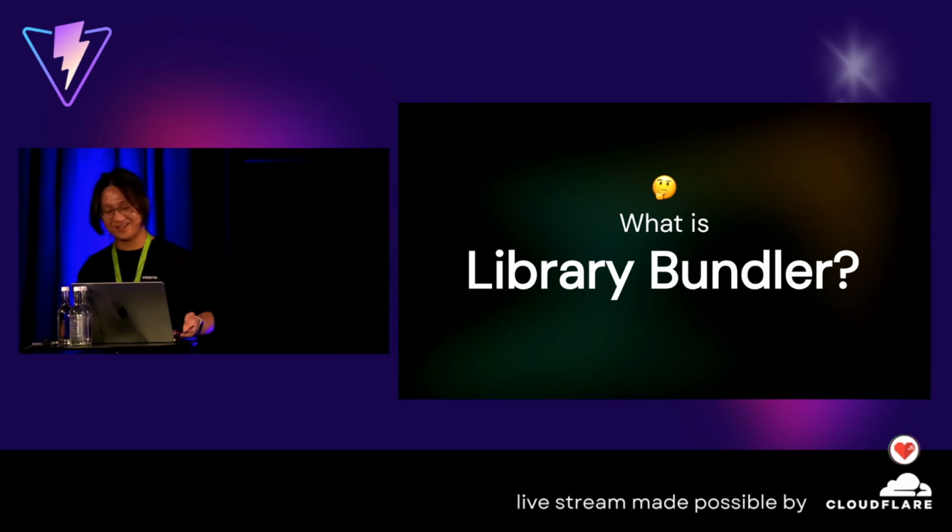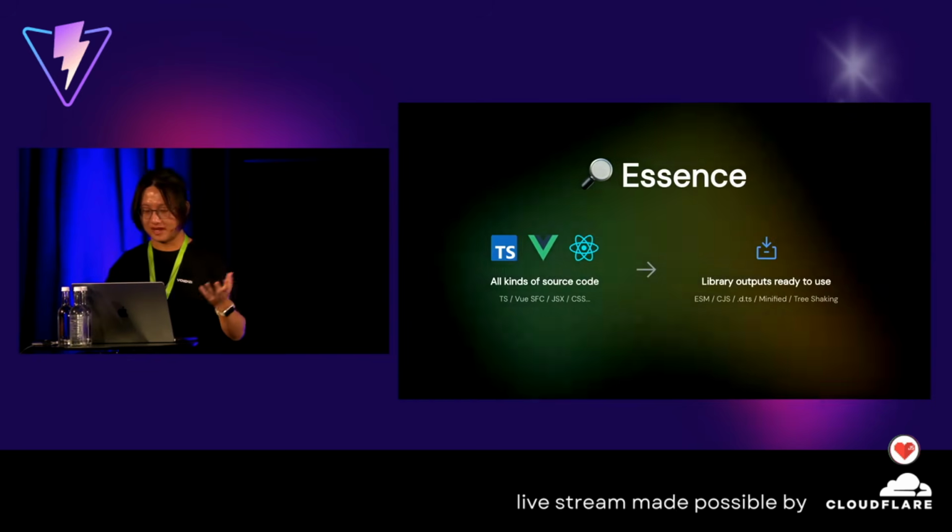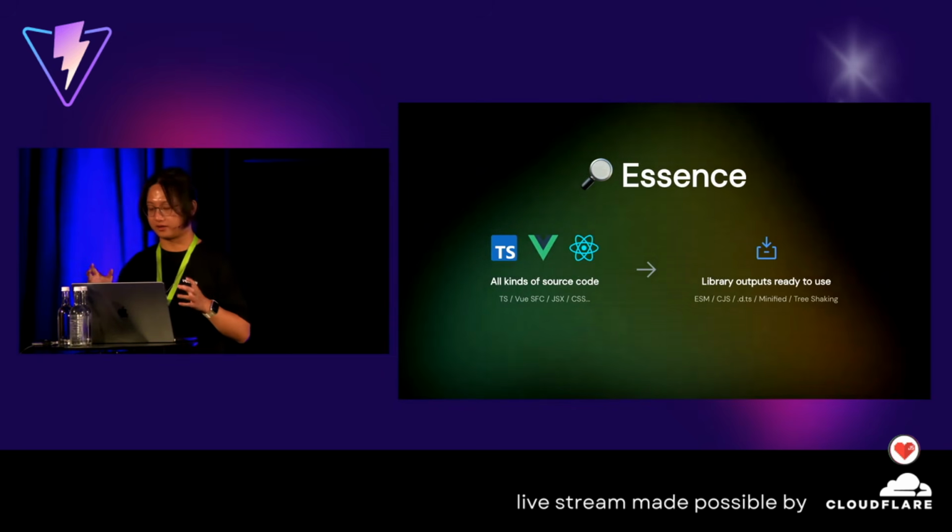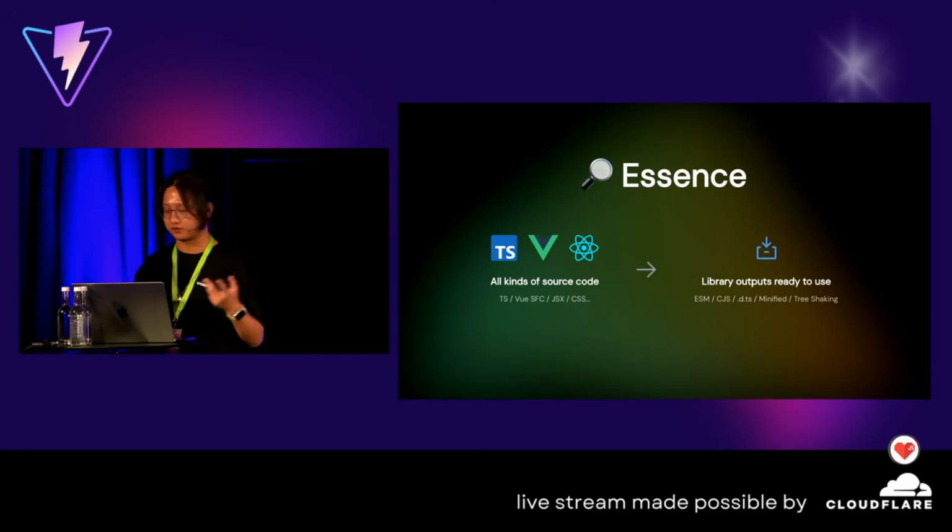So, what is a library bundler exactly? The essence of bundling is to take your source code like TypeScript, Vue.js, or JSX if you are using React or Solid, and turn it into library outputs that other projects can use directly.